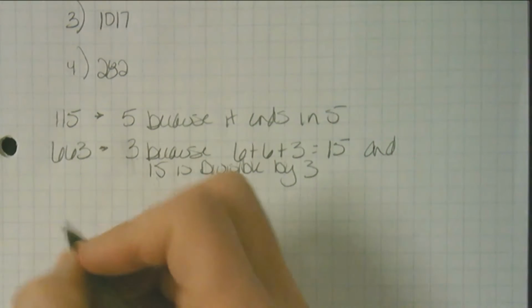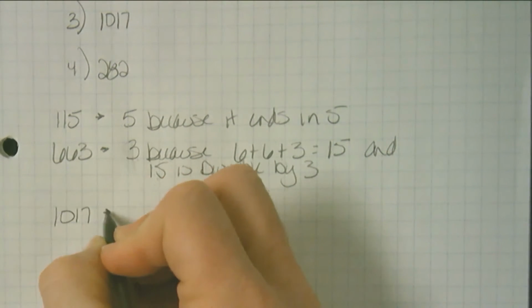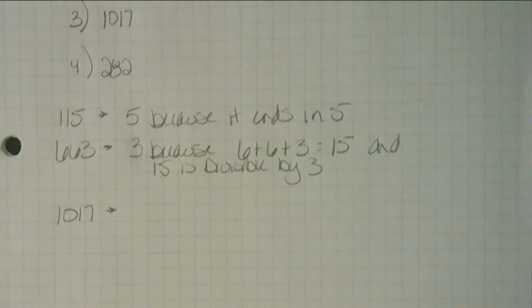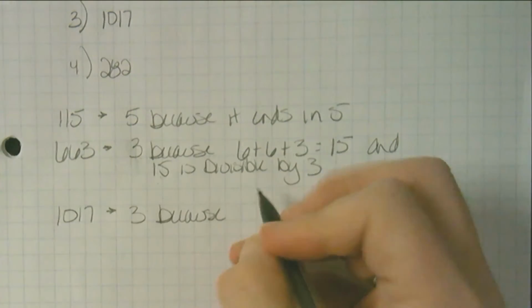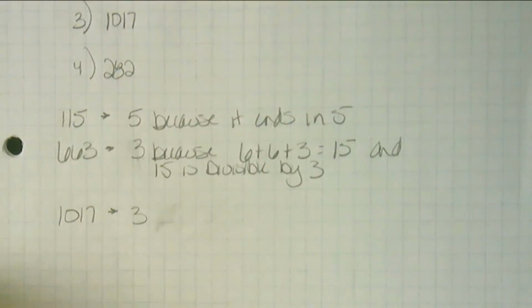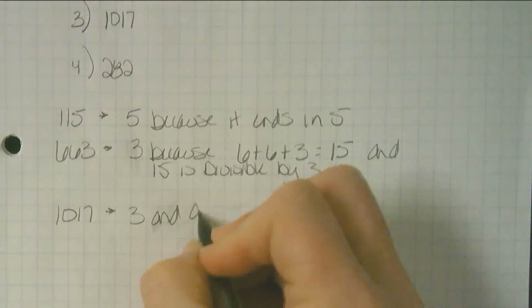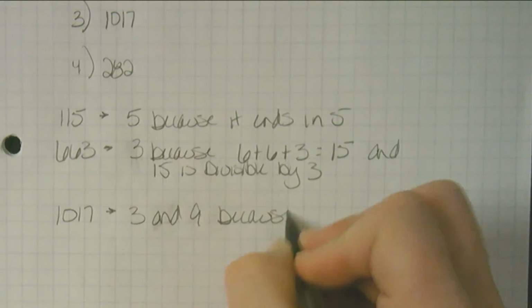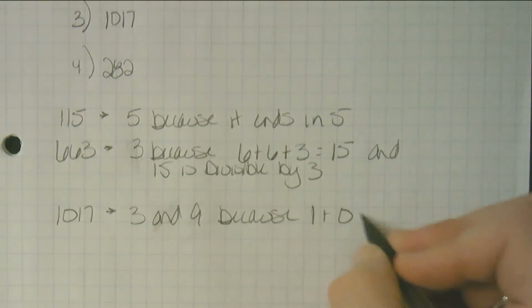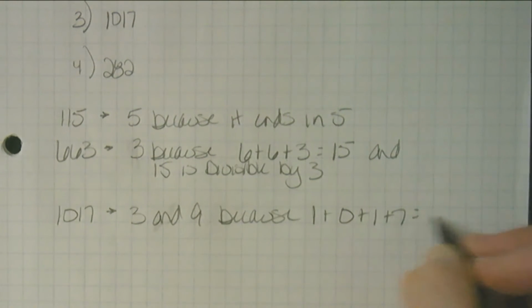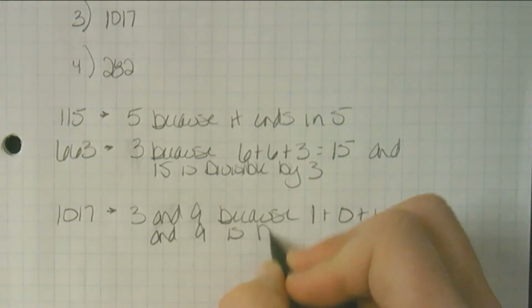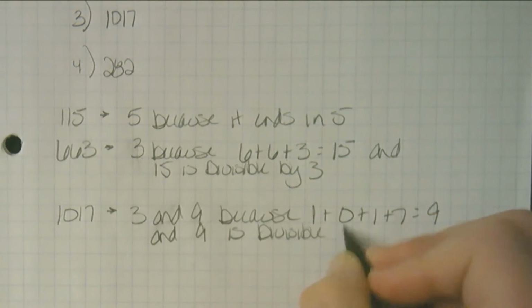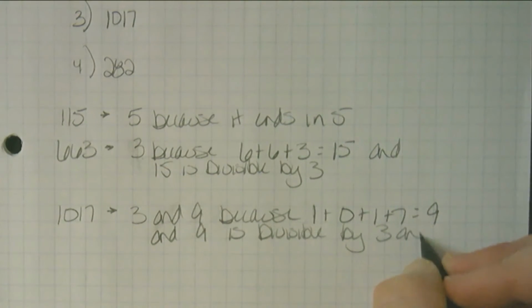All right, how about 1017? Addison? By both 3 and 9? Okay, so let's show that. I'm going to say 3 and 9 because 1 plus 0 plus 1 plus 7 is 9, and 9 is divisible by 3 and 9.